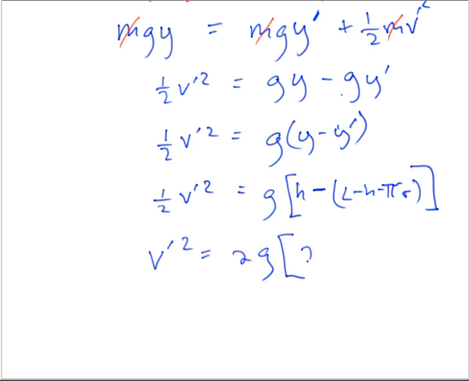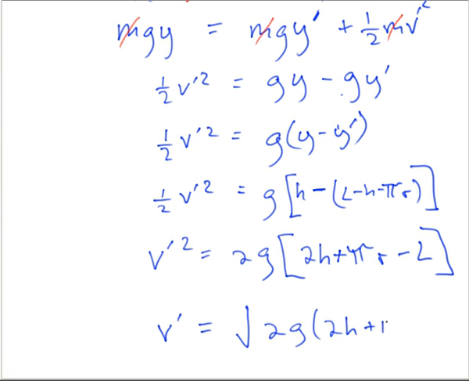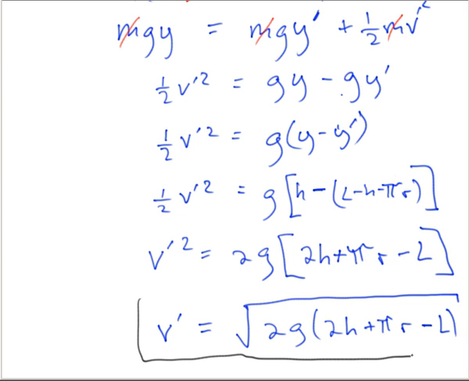I think I'll start with that. 2h, and then plus pi r, minus L. So v prime equals the square root of 2g times 2h plus pi r minus L. And that should do it for the final answer for the velocity at the top.